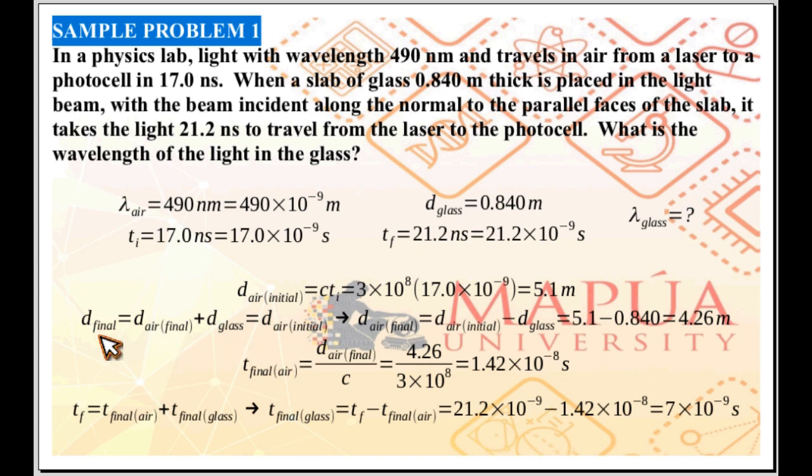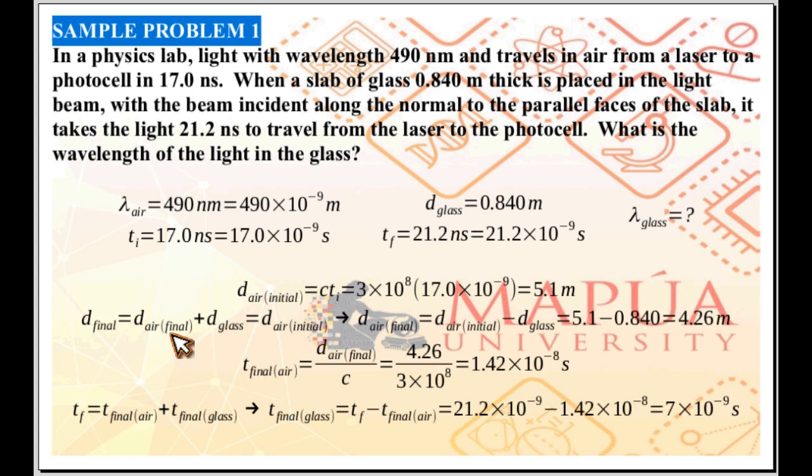Note that the positioning of the laser and the photocell is not changed, which means D final is just equal to the initial distance between the laser and the photocell. So D final is just equal to D air initial.